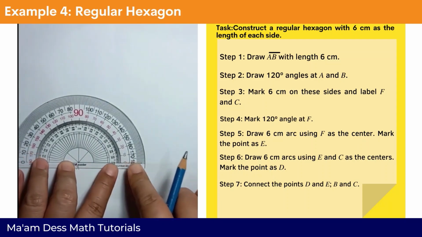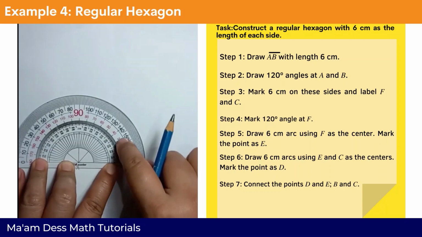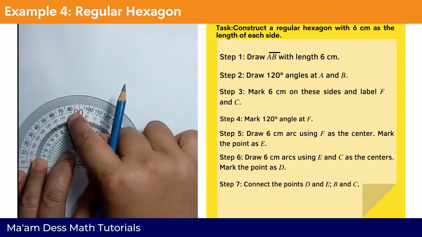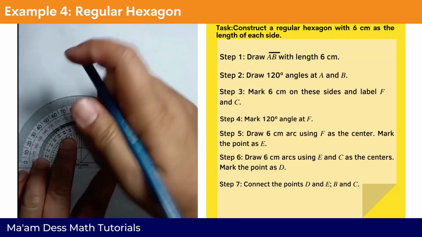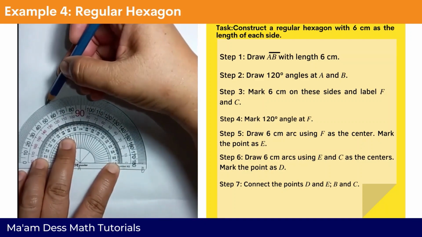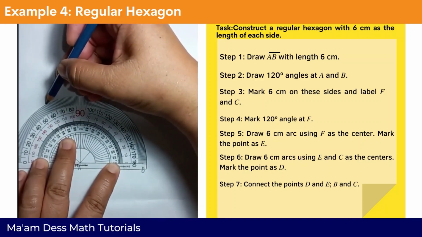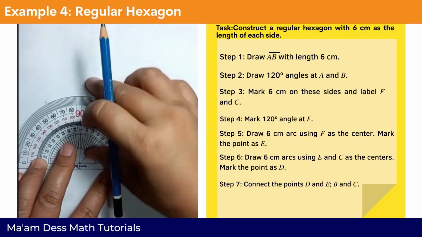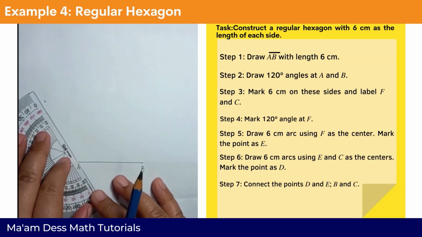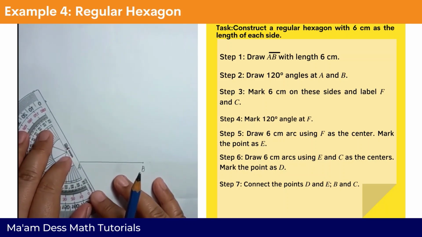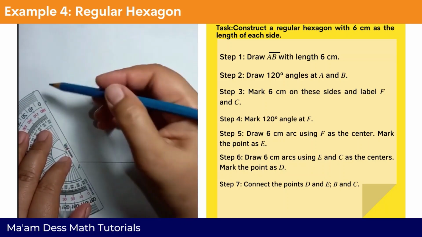Okay, so locate the 120 degrees in red label. Okay, so this one. And then connect to form your side.